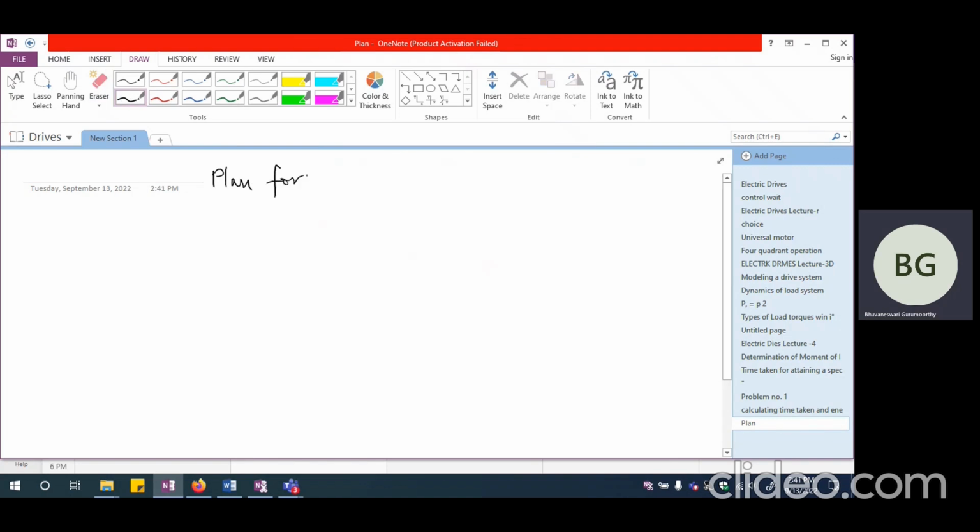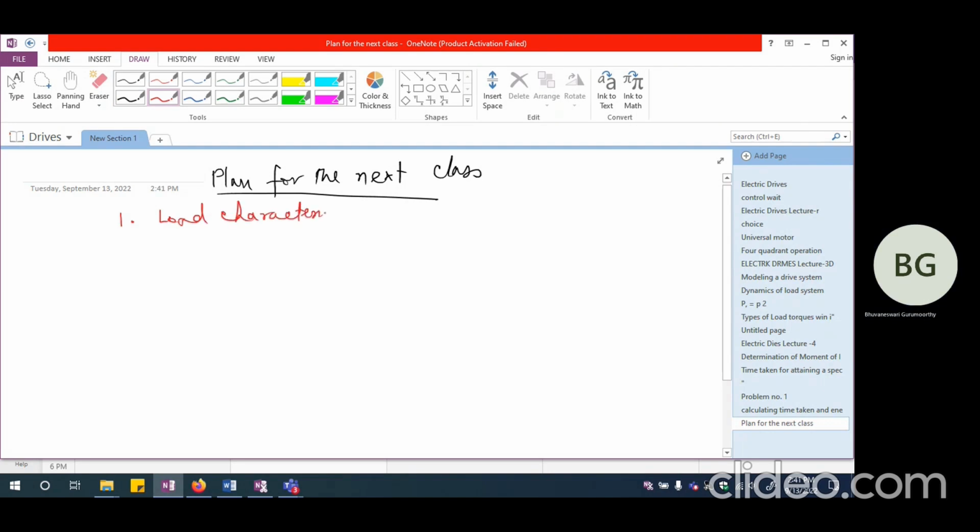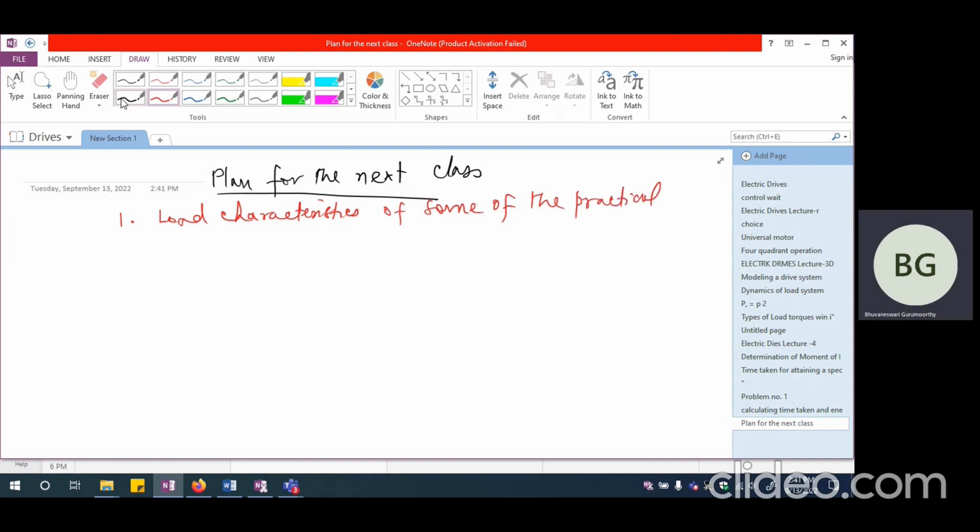So in the next class, in the next lecture hour, we are going to look at the plan for the next class. One is what is meant by the load characteristics of some of the practically existing systems.